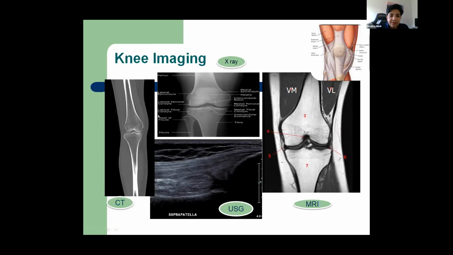The X-rays and CT use radiation, MRI uses magnetic waves, and the ultrasound uses high frequency sound waves. They pass through the body tissues, and then you get the image on the monitor. That's why you can see the outline of the bone on the ultrasound, but not the entire inner part of the bone. You cannot see it over here.